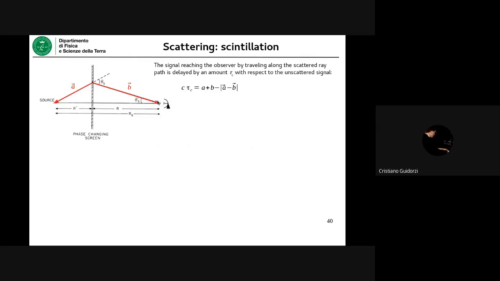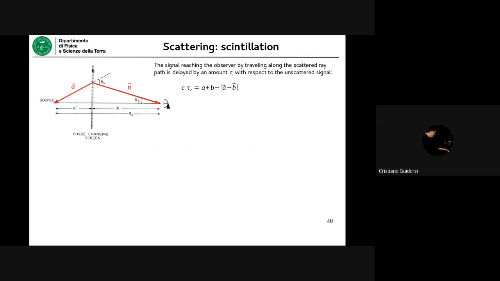Just a simple difference between two vectors, which is exactly this guy here. While the ray which travels for a longer time is just the modulus of A plus the modulus of B, so A plus B. So the difference between the two is just the delay in the arrival times times the speed of light, of course. Speed of light in vacuum, because here is vacuum, here is vacuum.